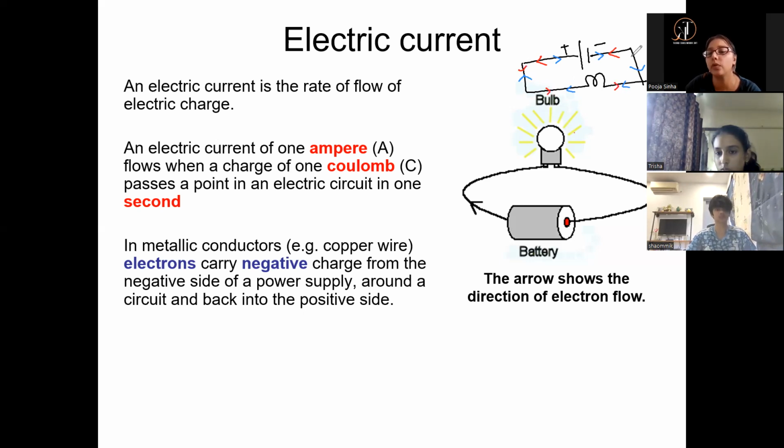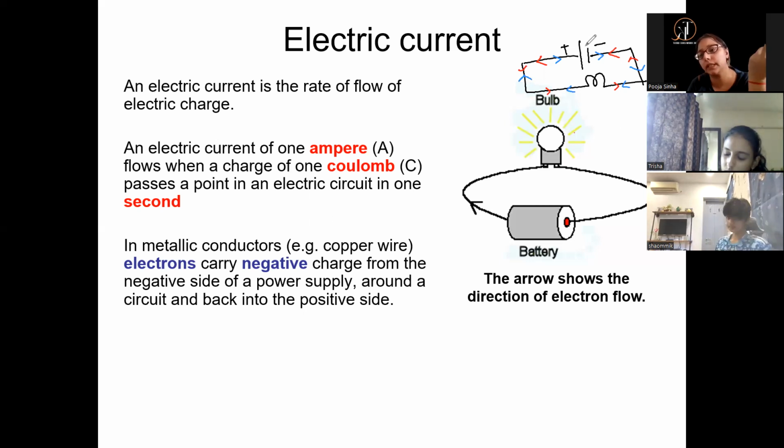So we are going to follow the same conventional flow and the electron flow. What is the conventional flow? It's positive to negative. But what is the electron flow? It's always negative to positive. Keep that in mind. You get a lot of questions. Why is it different? Because when this whole theory of electrons was found out, electricity had already started, but electricity's connection with electrons was found later.